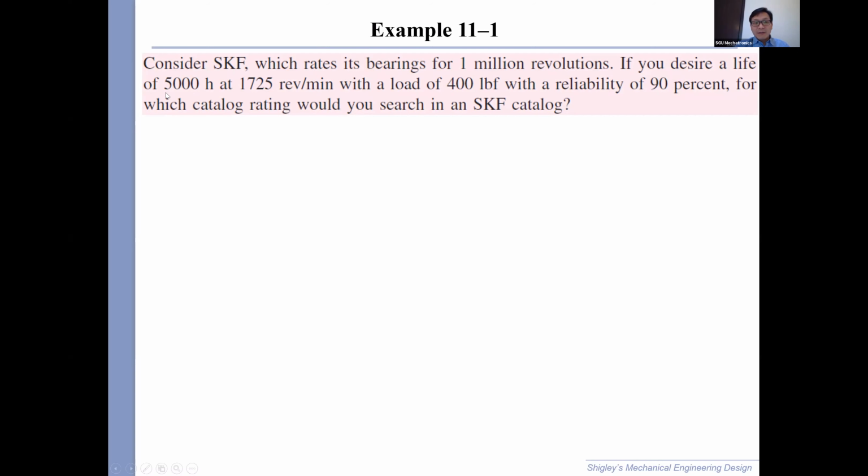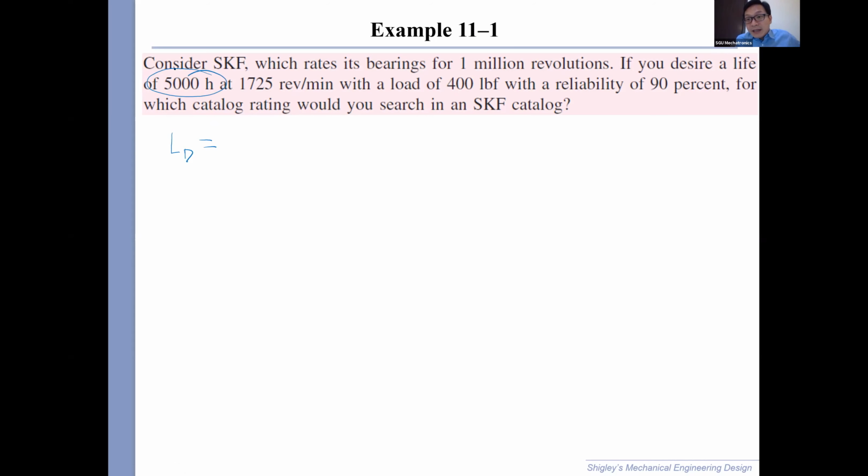If you desire 5,000 hours at 1725 RPM with a load of 400 with a reliability of 90%, which catalog rating would you search for in an SKF catalog? So now we have LD, the desired life or the design life, the actual life. We want it to survive 5,000 hours.